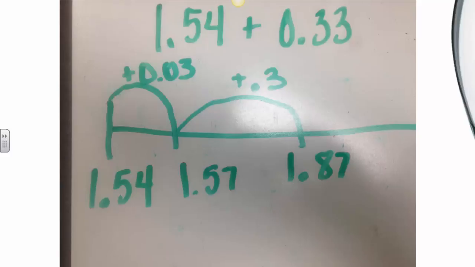Starting with 1 and 54/100ths, we added 3/100ths and noted where that amount has moved us on the number line. With 3/10ths left to add, the new amount is increased by 3/10ths, and the final location is represented on the number line. 1 and 54/100ths plus 33/100ths is the same as 1 and 87/100ths.